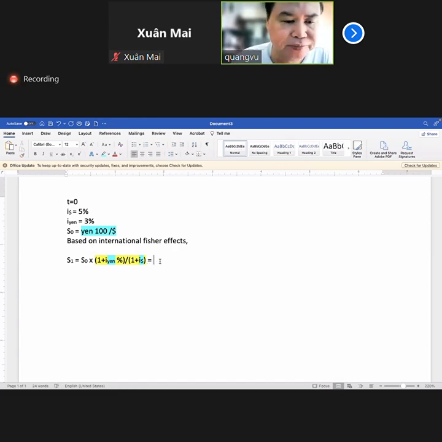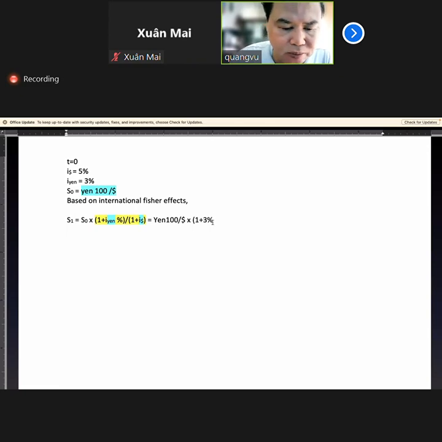So let's do it. Right here you have S0. S0 is 100 yen per dollar, times 1 plus the yen rate of 3%, divided by 1 plus 5%.